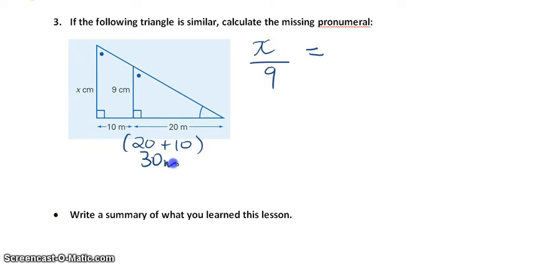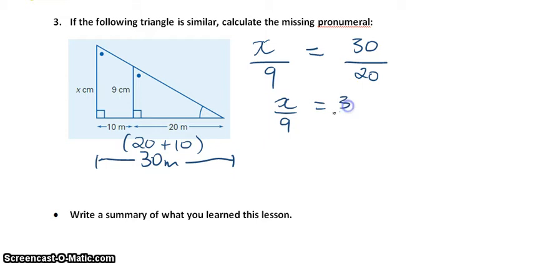So that whole thing is 30 meters. So it equals 30 over the little one, which was 20. Or x over 9 is 3 over 2, and I want to get x by itself, so I'm going to times both sides by 9. These cancel to give 1, so x is going to equal 3 times 9, which is 27 over 2.